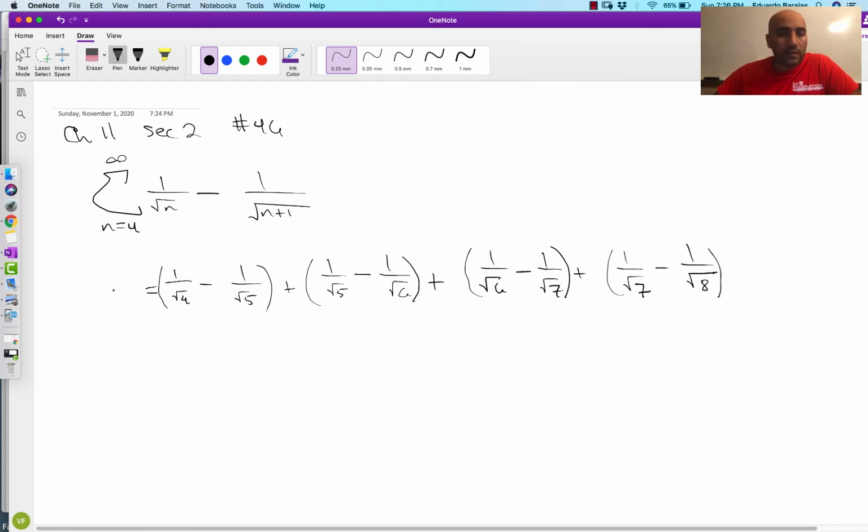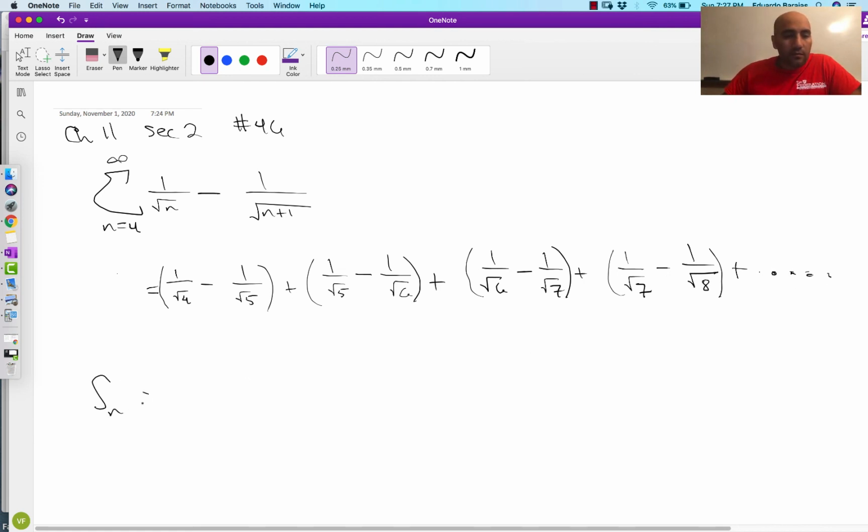Okay, so now let's think about this. It would keep going, dot, dot, dot. Let's think about the partial sum S sub n.